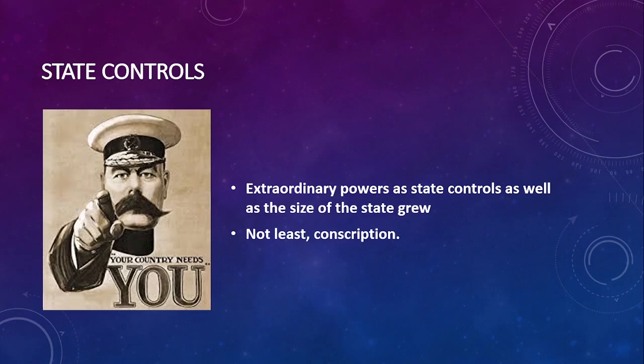The governments of all the major powers took on extraordinary powers as the demands of the war and the fear of the cost of losing it increased. Not least conscription. I cannot exaggerate how big a deal conscription was. Men were being forced to go to war with a very good chance of being badly hurt or even killed.